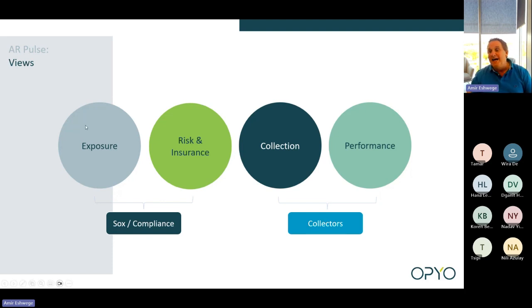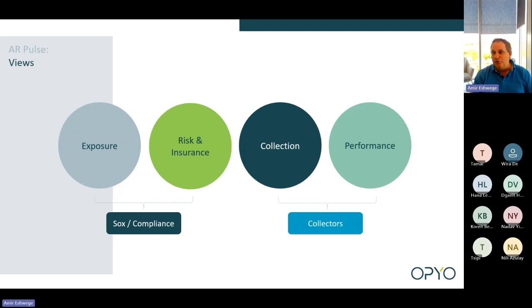Exposure is what people call the outstanding balance, but that information usually is worked on the monthly or the quarterly area. OPYO does it on a daily basis. That gives us a lot of power of what we can do with that information. Second area, this is already something new that usually is not managed in a simple manner in the organization, is the risk and insurance, actually adding the layer of coverage we have for each outstanding balance.